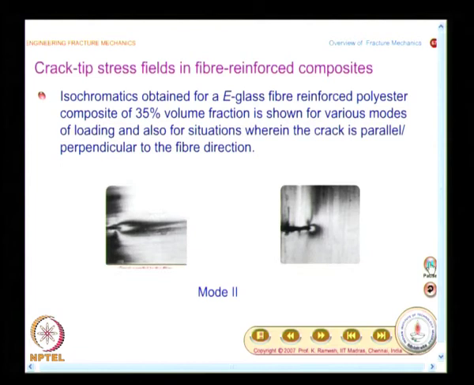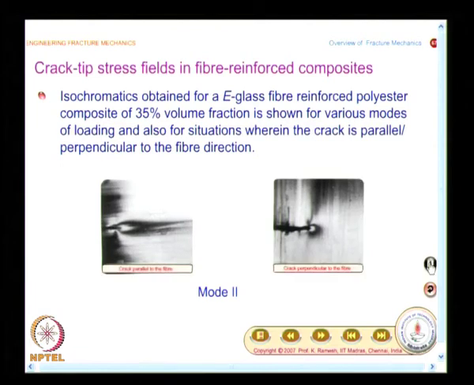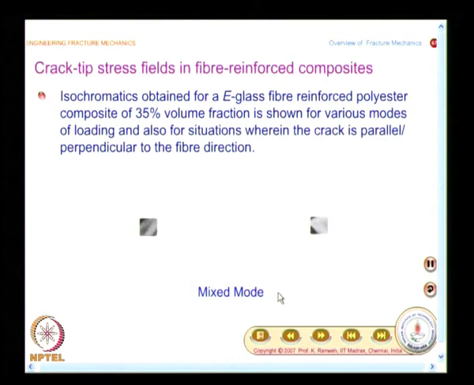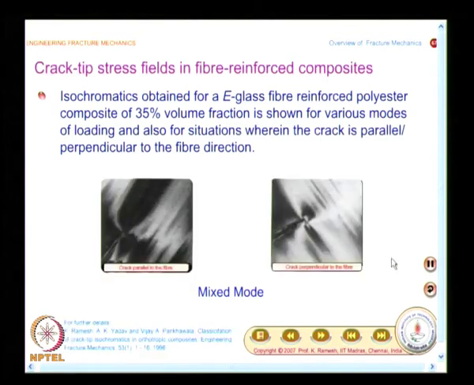This is done for mode 2 also, and you have this as perpendicular to the fiber, this is parallel to the fiber, you have the fringes, and in fact you could estimate the stress intensity factor by processing the fringe data. So, this is obtained for mode 1, mode 2 as well as a combination of mode 1 and mode 2, and these pictures are quite dramatic.